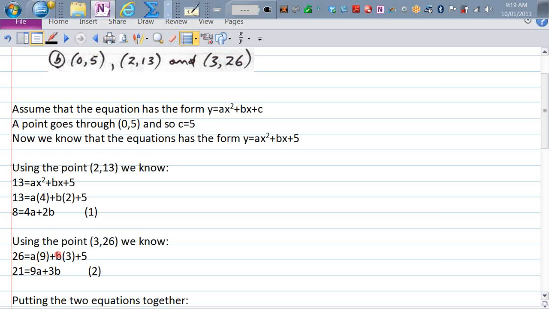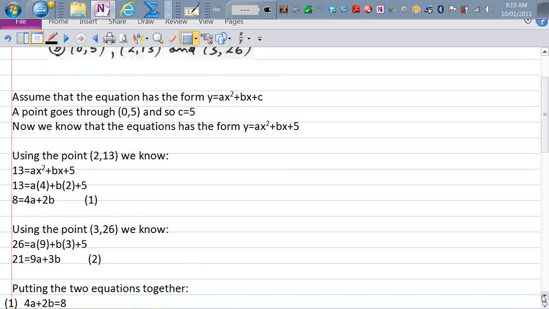If x is 3, this becomes 9, plus bx, 3, plus 5. So what we're doing here is putting the point (3, 26) into this, and we get 26 equals 9a plus 3b plus 5. We transpose this to the left side. 26 minus 5 is 21. This is 9a, and this is 3b. So we have these two equations, 1 and 2.